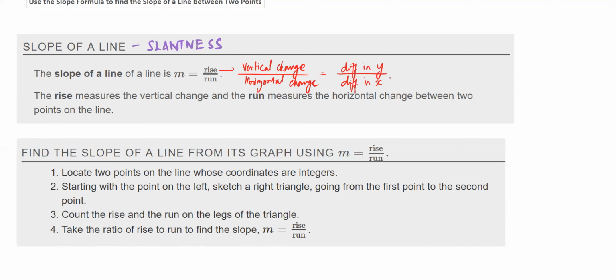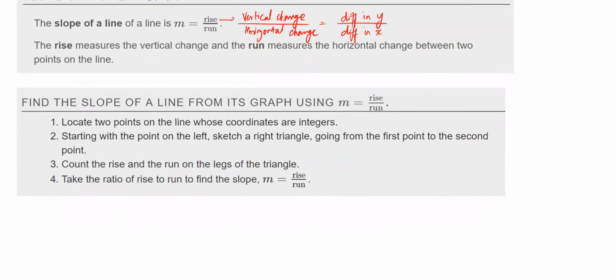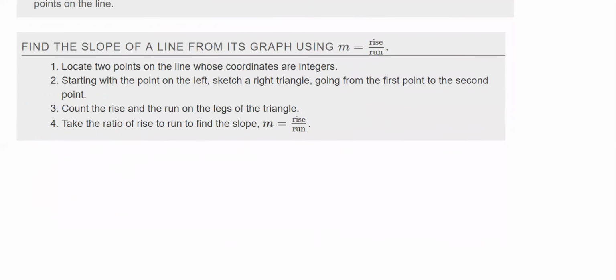So the way we find the slope of a line from the graph is to locate 2 points on the line, and locate good points so that you have them as proper integers, and then use that to draw a sketch of a right triangle. I think it'd be easier if I showed you what I meant.